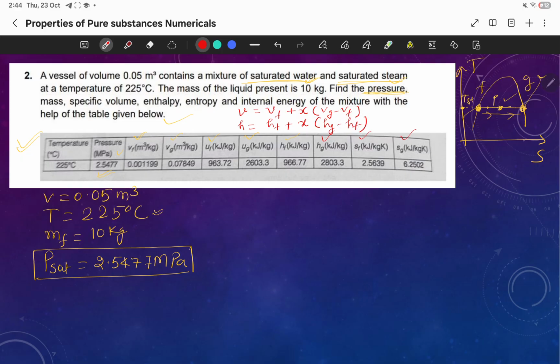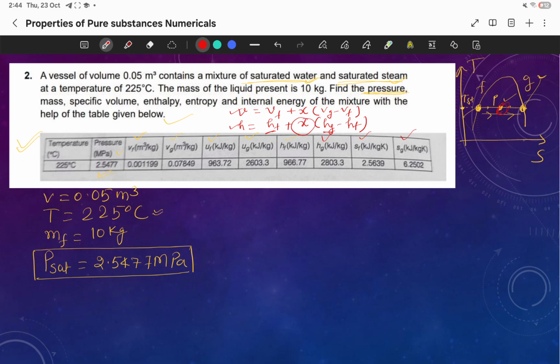So it is very important that you decide what the proper approach should be for solving such questions. You can see it is asking for the specific volume, enthalpy and entropy in this region, right? I hope all the values are given; we just have to calculate this x, which is called the dryness fraction.